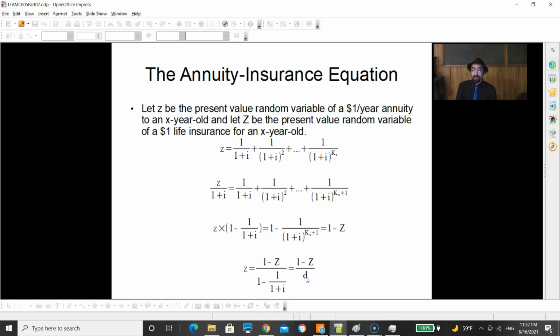So we find that the present value random variable for an annuity is 1 minus the present value random variable for insurance, divided by d, assuming it's fully discrete for a whole year. And if I want to get little a double dot and big A, that's just going to be the expectation of little z and the expectation of big Z.